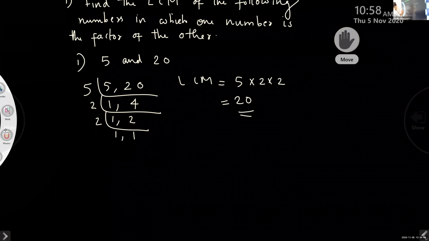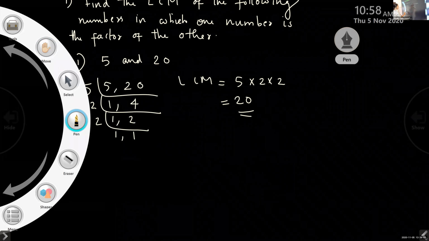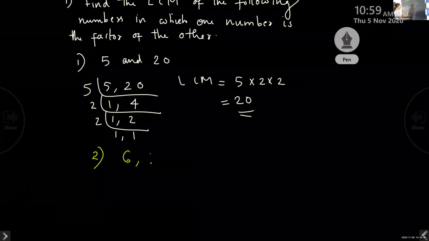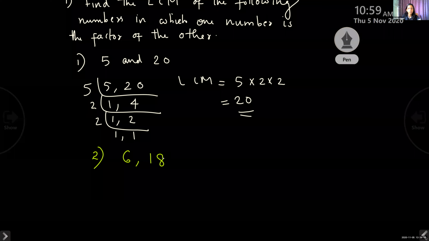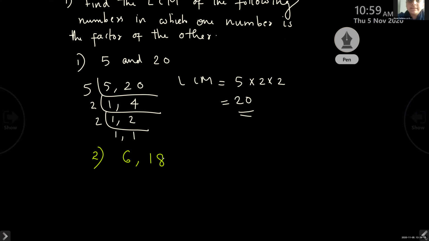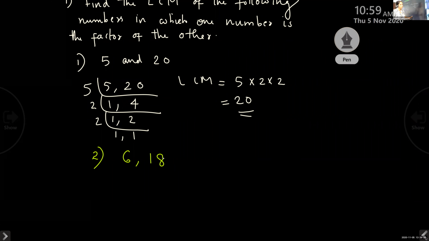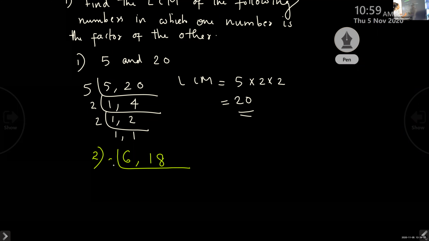One more question I'll give you and I'll explain. Second question, check. You should tell me the answer. 6 and 18. What will be the LCM? 18. Sure. Because it is 6 into 3 is 18. So 6 into something you will get the small number, into something you will get the big number. So let us find the LCM and check. 2, 3 and 9.